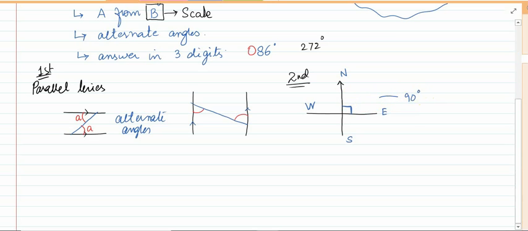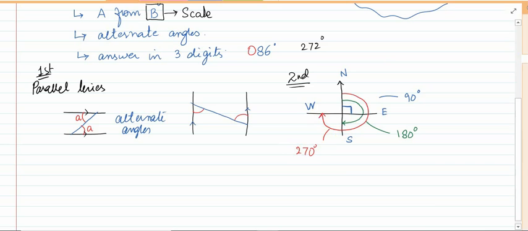If you are traveling from north till south, keep in mind that we always move in a clockwise direction in bearings. So this angle is 180 degrees, right? The third one, if you are traveling from north till west, always in a clockwise direction, then you have covered 270 degrees.